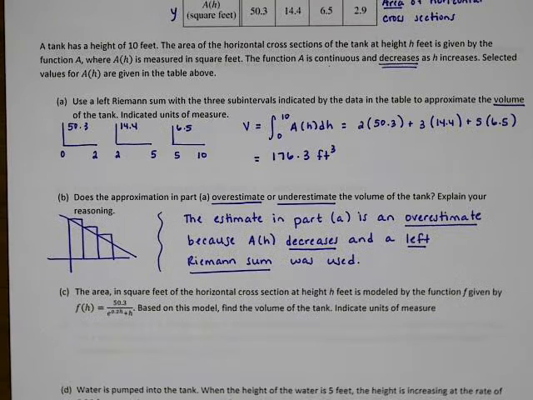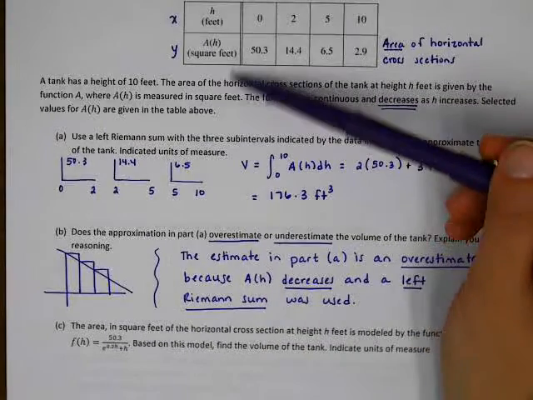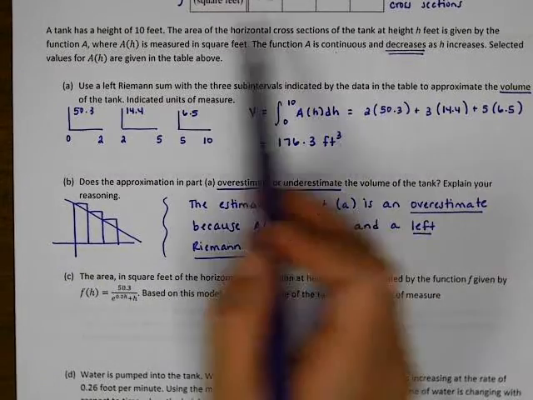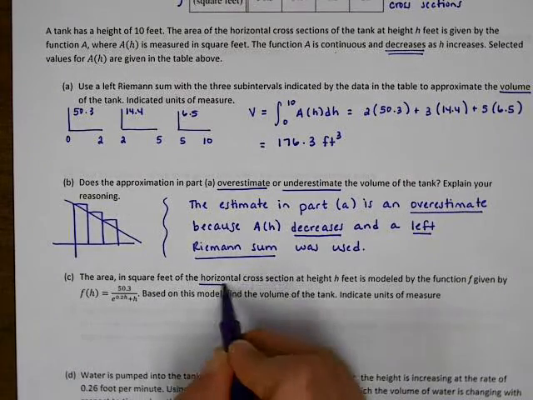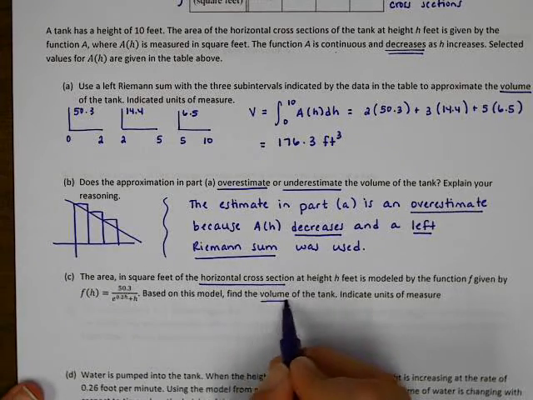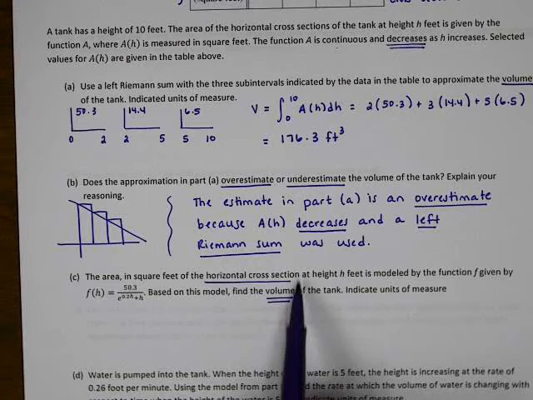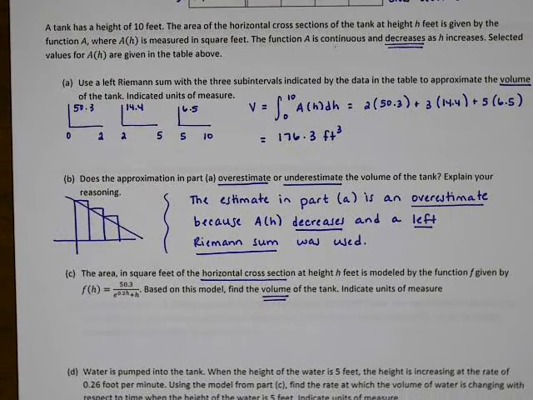Part C says the area in square feet of the horizontal cross section is modeled by the function f. So, in other words, this is one way that we modeled the area in square feet. Here's an equation instead of a table of values that gives us the same information, the horizontal cross section. Based on this model, find the volume. Anytime I have a cross section and I want to find a volume, I know that I need to integrate the area formula.